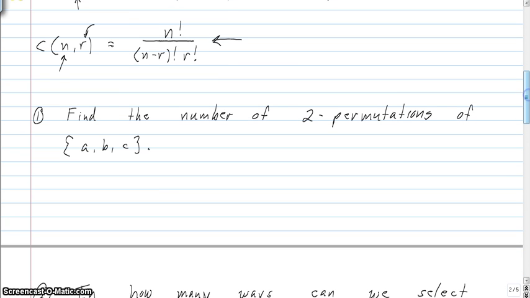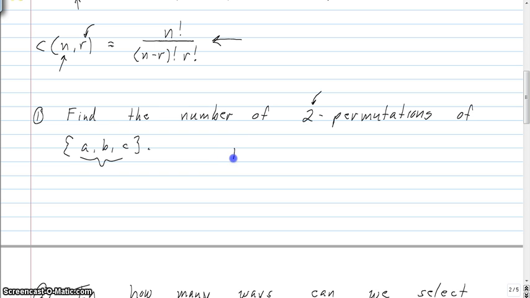This first example says find the number of 2-permutations of the set of letters A, B, C. In other words, we've got a set of 3 objects and we're going to take 2 at a time. How many different permutations are there if we took 2 objects out of that set?